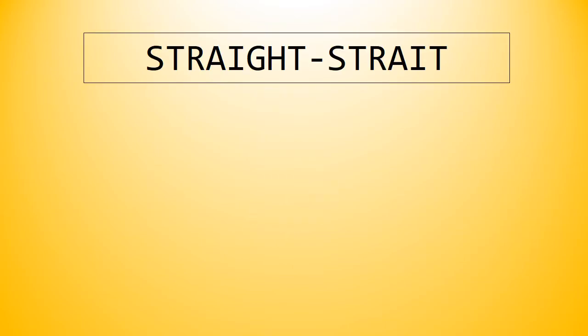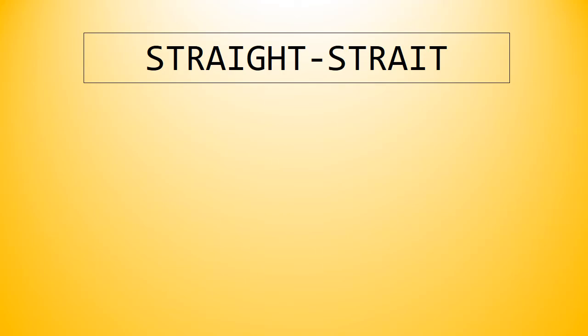Our next word in the homophone list is straight. STRAIGHT and STRAIT. STRAIGHT is an adjective. As I told you in the last slide also, you must remember the parts of speech, which will help you a lot in forming sentences.